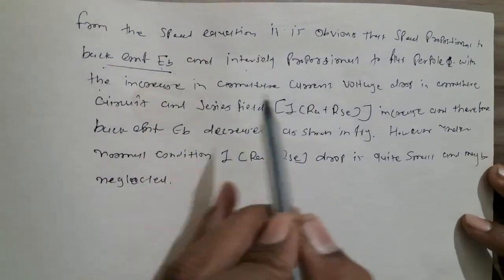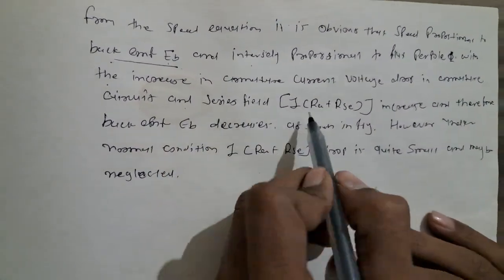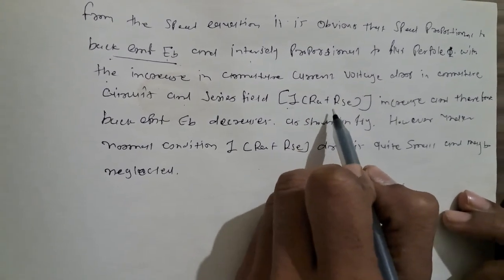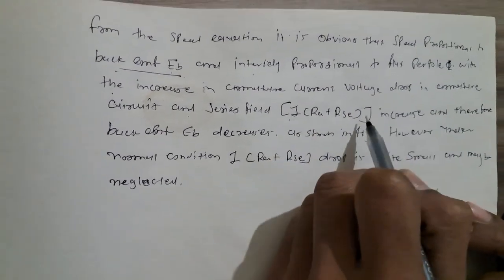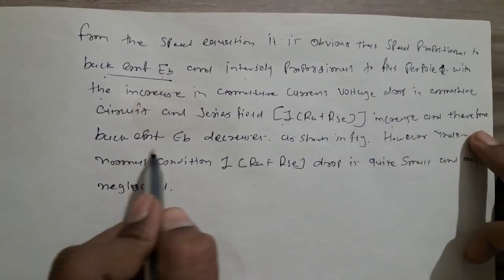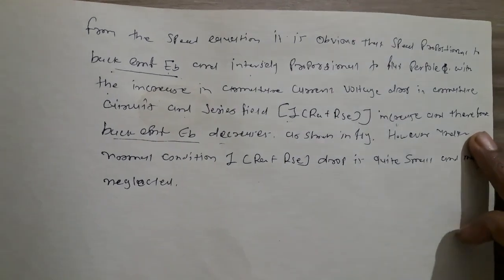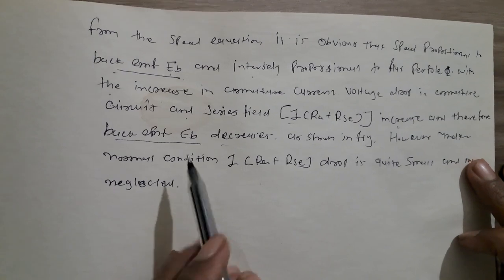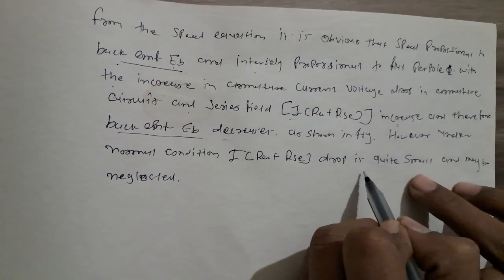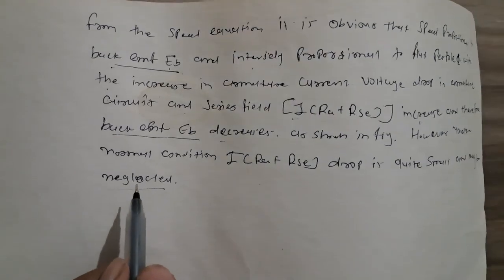With the increase in armature current, the voltage drop in the armature circuit and series field, I(Ra + Rse), increases and therefore the back EMF Eb decreases, as shown in the figure. However, under normal conditions the I(Ra + Rse) drop is quite small and may be neglected.